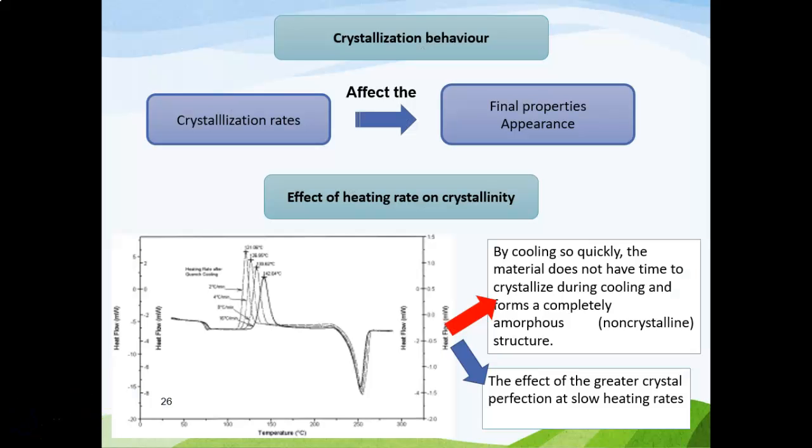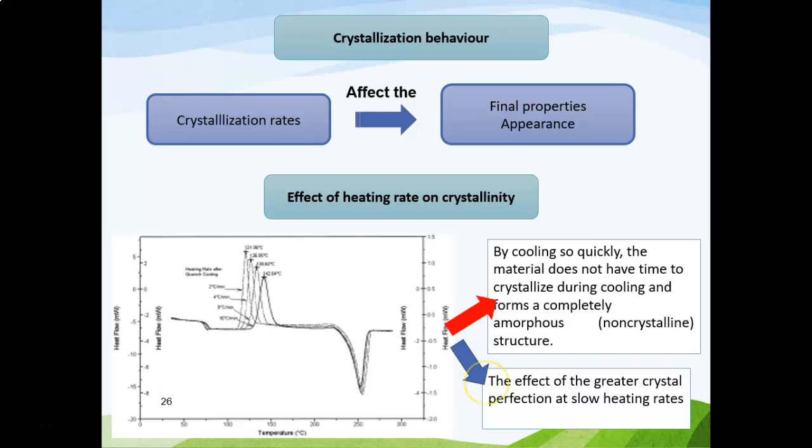Now we look at the crystallization behavior. The crystallization rate, which is the rate at which the polymer becomes crystalline, will affect the final properties. This curve shows the effect of heating rate on crystallinity. As I explained in the previous slide, if we cool the polymer too quickly, the material does not have time to crystallize during cooling and forms a completely amorphous, non-crystalline structure.